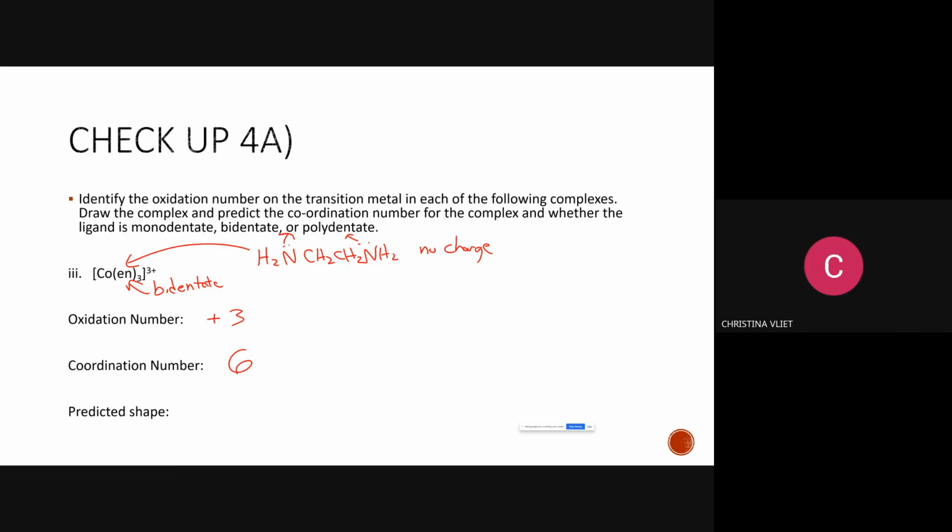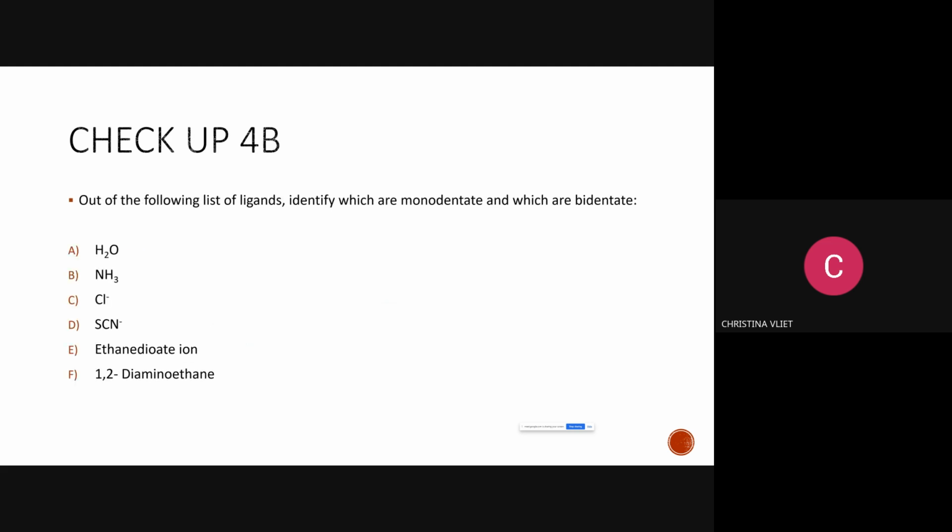Which means its predicted shape is octahedron. Remember I told you that for coordination numbers, you're only going to see 2, 4, and 6. 2 for linear, 4 for square planar or tetrahedral, and 6 for octahedral. So if you answered 3, may not be right. You might have made a mistake for the coordination number.